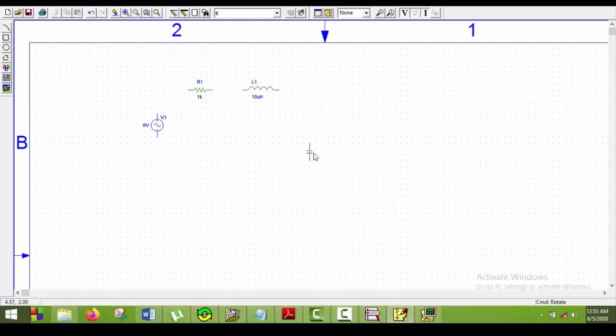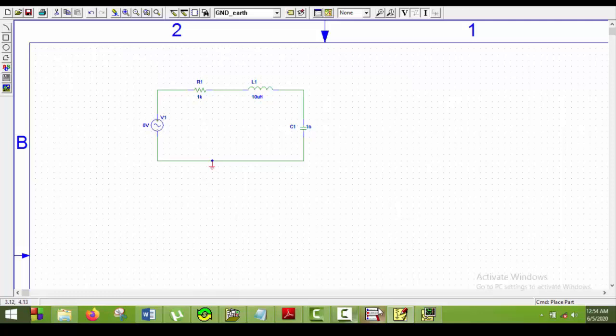Control R to rotate it. Now I will draw the line. Now I will put the ground here. Now I will put the values.